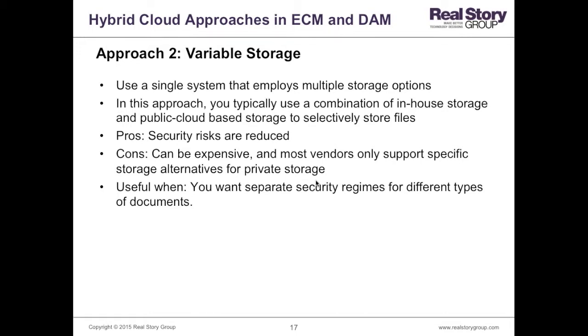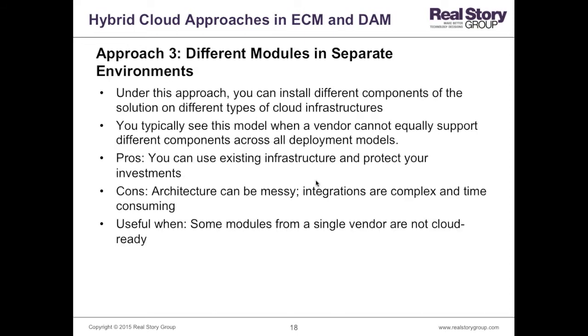Using this mechanism, you can keep a highly confidential set of files within your private cloud or simply your own premise storage devices or storage array, while allowing more generic documents to reside in the public cloud. So files that are highly confidential are stored in house, whereas more generic files such as perhaps your corporate brochures or other similar documents can be stored on the public cloud.